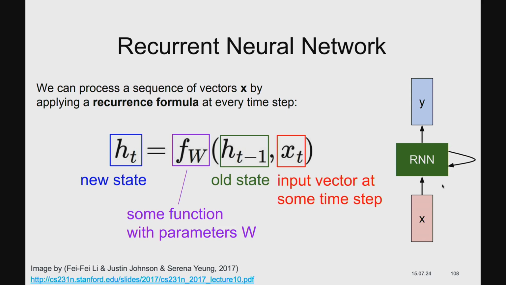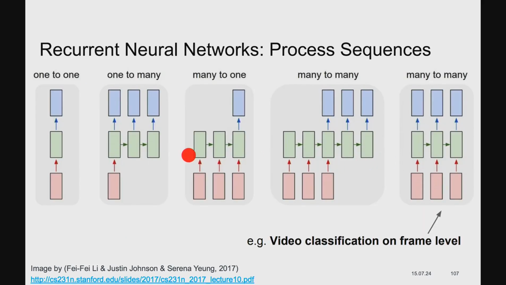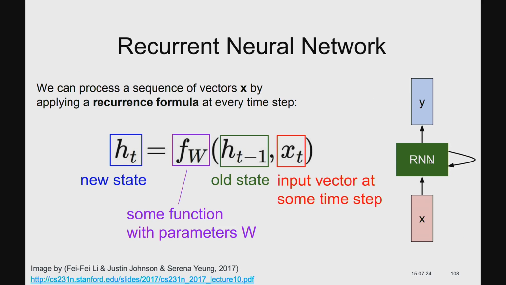So what many models do in order to deal with these sequences is to have a neural network with a time-indexed hidden layer, or several time-indexed hidden layers. The idea is that your function has weights, like we always had, and you have some input vector at some time step.